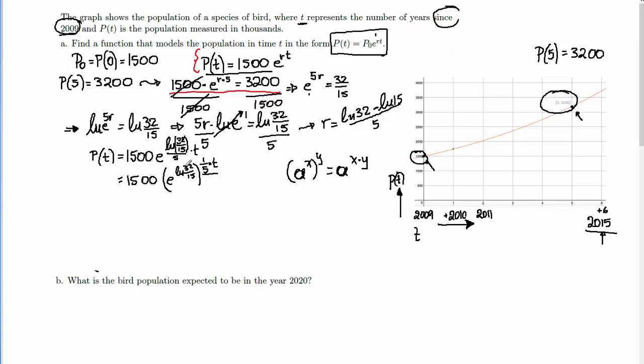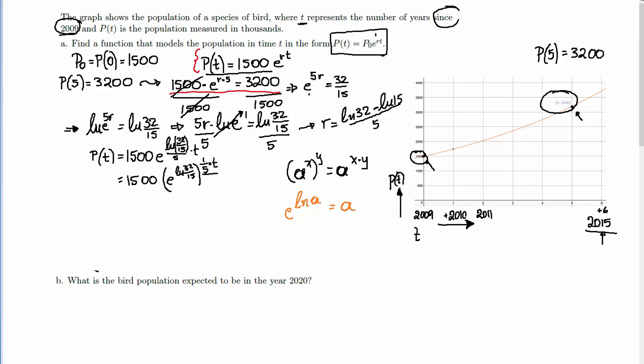Well, if you pay attention to what you have now inside your power, you have e to the ln of a number. Now, you have another property that says that if you have e to the ln of a, then this is nothing else than a. And you have e to the ln of 32 over 15. So this is nothing else than 32 over 15.